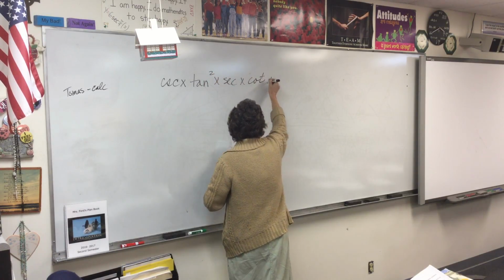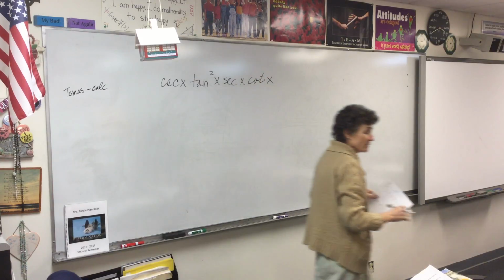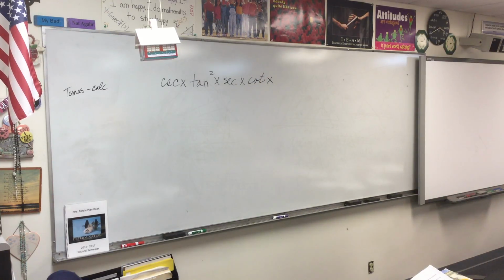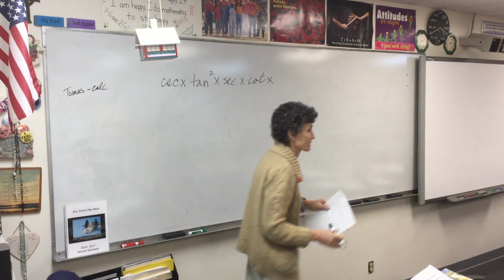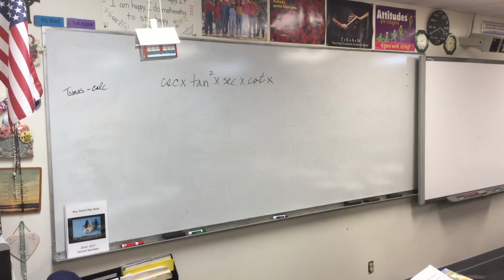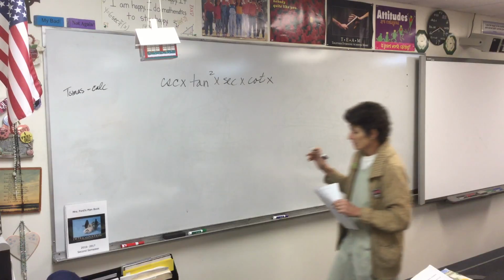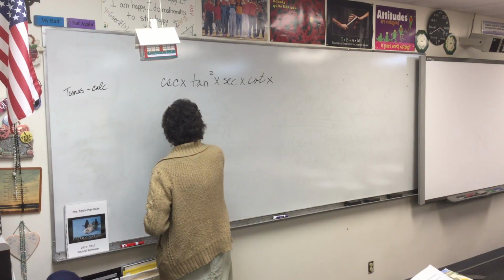All right, so who remembers, it's been a few days since we did this, how we even begin to approach this? We have to change everything into sines and cosines. So that's what we're going to do. We're going to change everything into sines and cosines. So what's cosecant? 1 over sine.